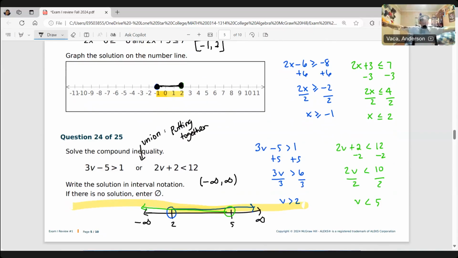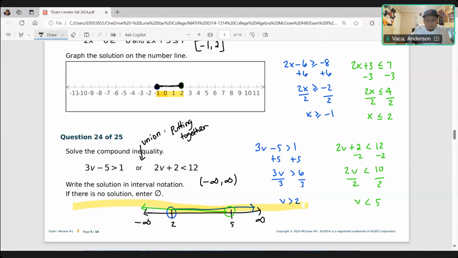If we do that, we're going to choose all the numbers, and the answer is all real numbers for this example. Okay. Because with the word or, we're putting them together. And in this example, putting them together meant that you're just going to take every number that you could possibly think of. Okay? Alrighty then.